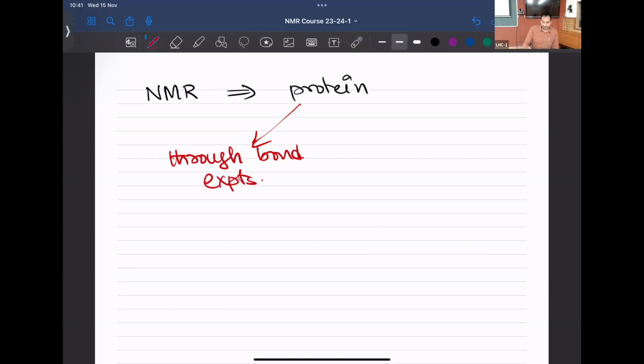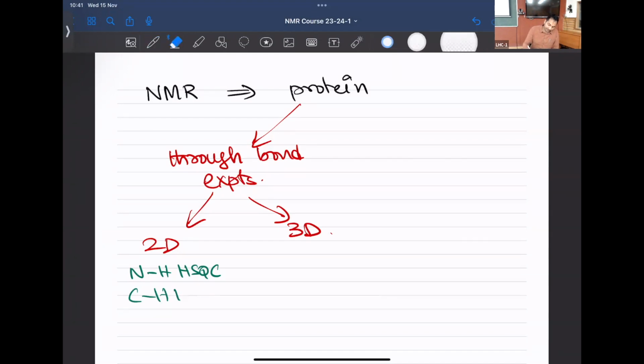We said that 2D experiments are important, 3D is also important. And in 2D, we said the nitrogen proton HSQC and the carbon proton HSQC are important experiments to get molecular fingerprints, especially the nitrogen proton.